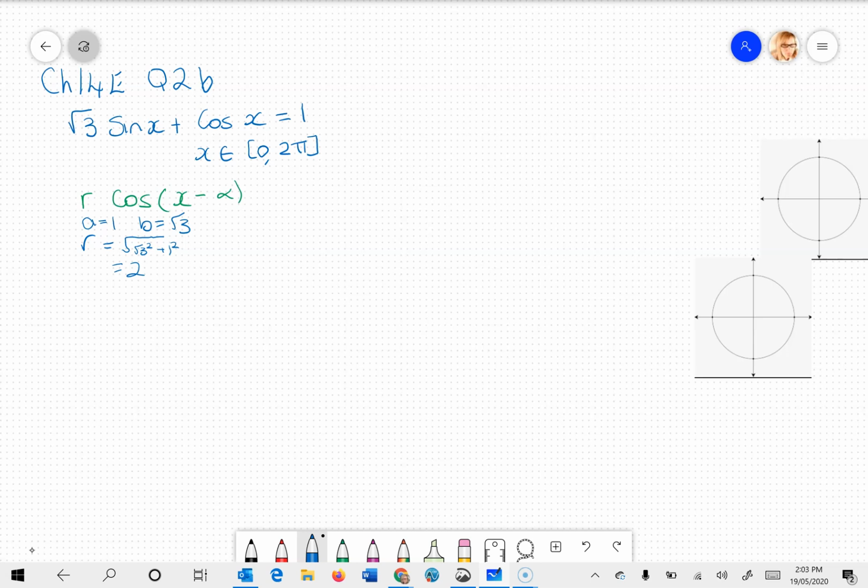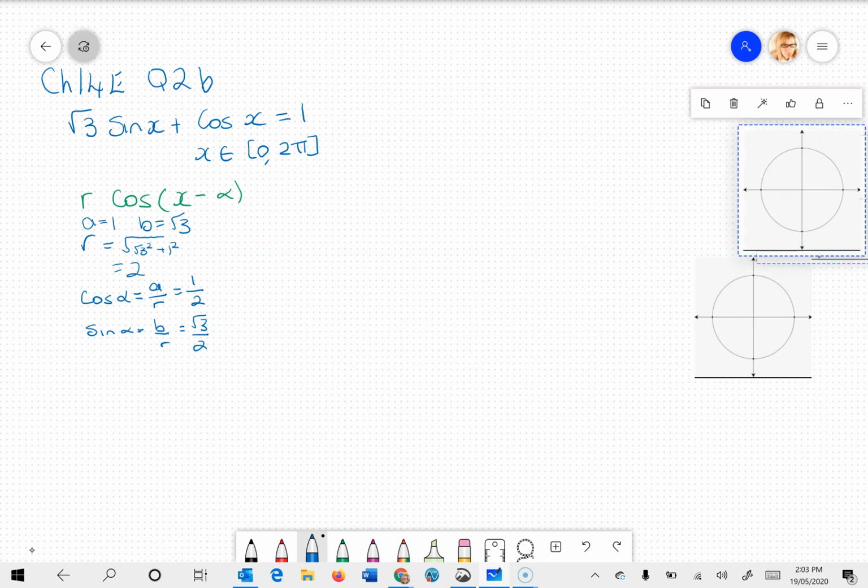Which means that our cos alpha equals a on r, sine alpha equals b over r. So that equals 1/2, root 3 on 2. These keep turning up over and over again.